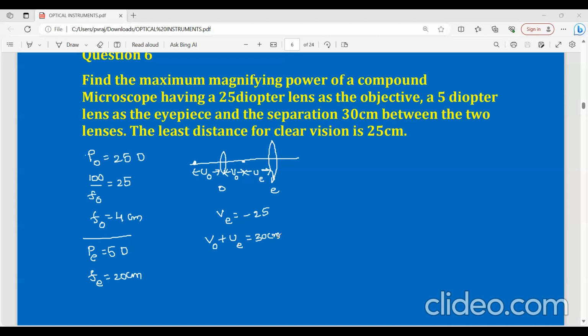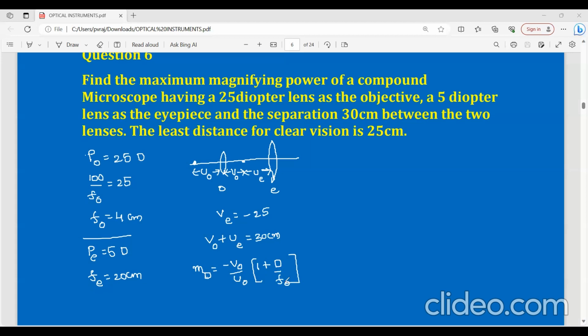Now, which one do you have to calculate? Find the maximum magnifying power of a compound microscope. Maximum magnifying power for the compound microscope, in the sense at the nearest point only, is equal to minus VO by UO into, if you know the formula, 1 plus D by FE.